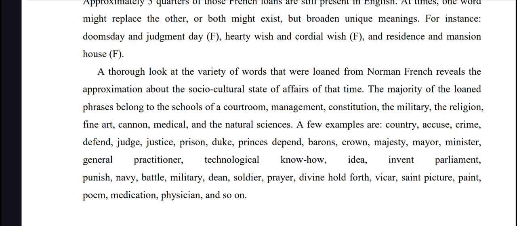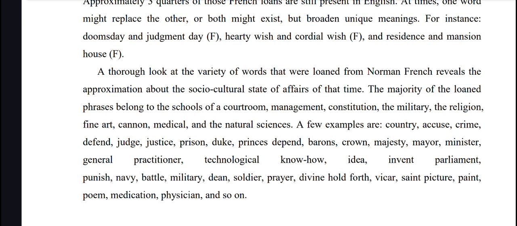The variety of words that were learned from the Normans reveals the social and cultural state of that time.